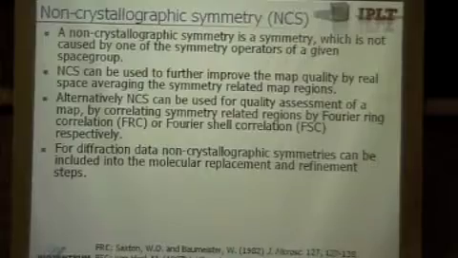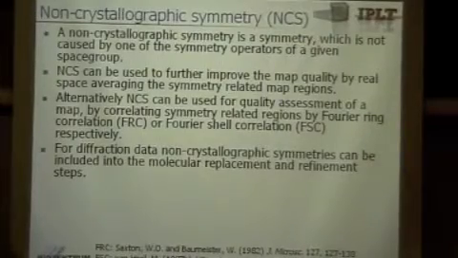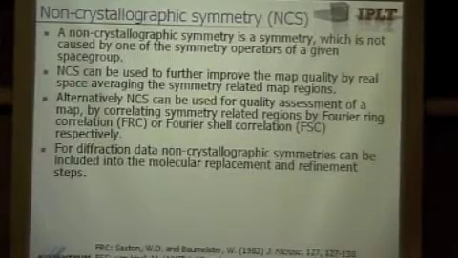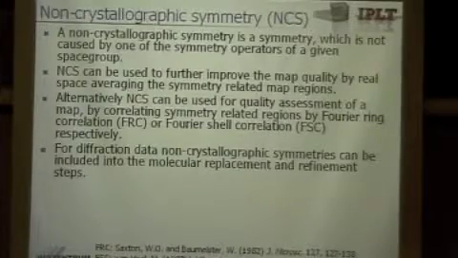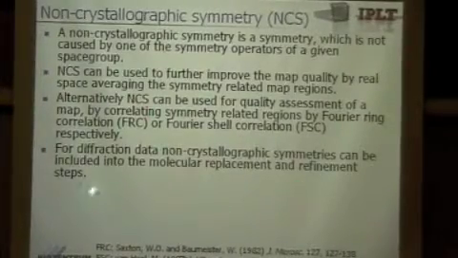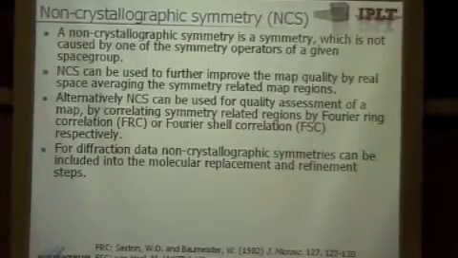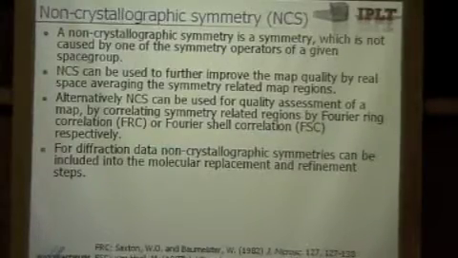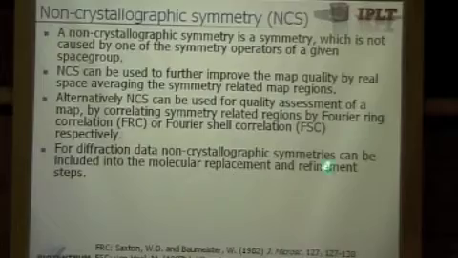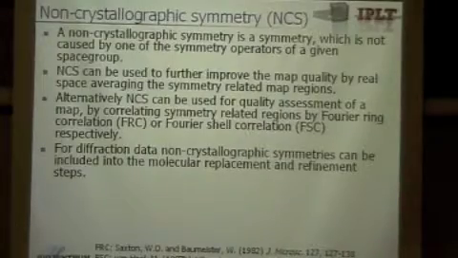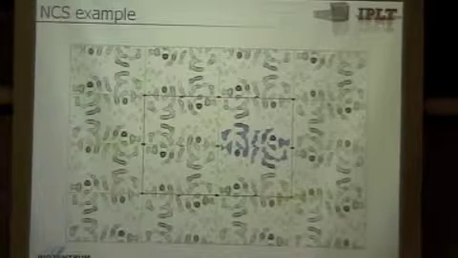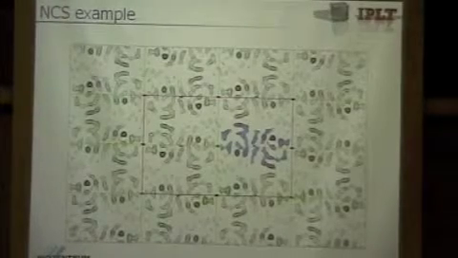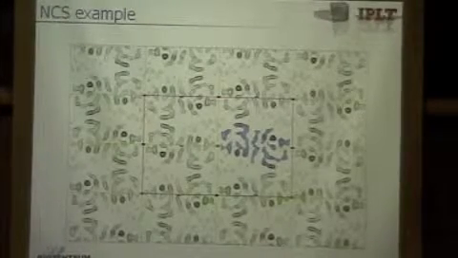So you can use it as an additional measurement of how well your two copies of your protein, which are symmetry related, match each other. And for diffraction data, you can also put this information about the non-crystallographic symmetry into molecular replacement and refinement, to get a better refinement. So that's just one small example of the non-crystallographic symmetry.